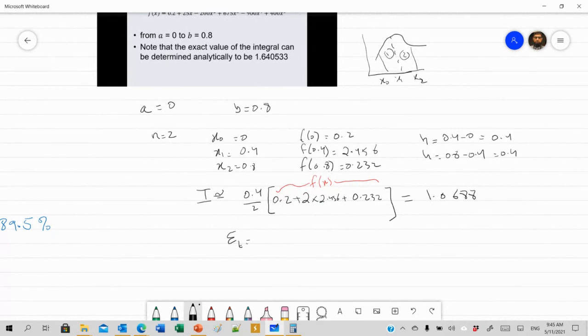The true error is the actual value 1.640533 minus the approximate value, over the true value.